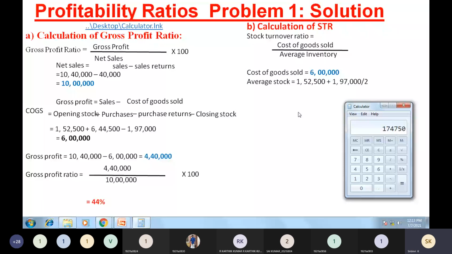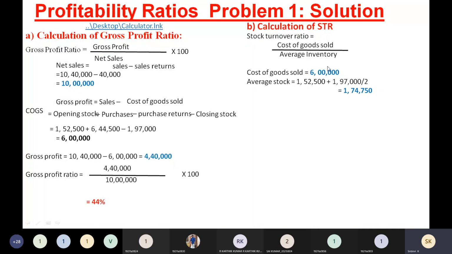It is better to use braces here, before 1,52,500 and after 1,97,000, so that nothing is missing. Then you will get 1,74,750 rupees as the average stock. That is what you show here.